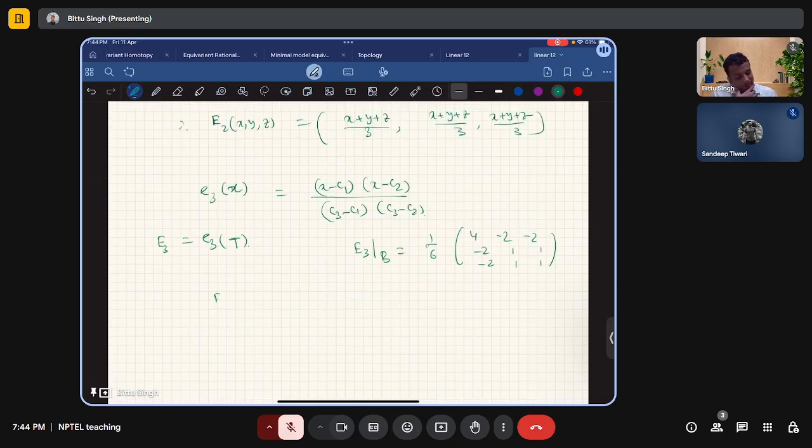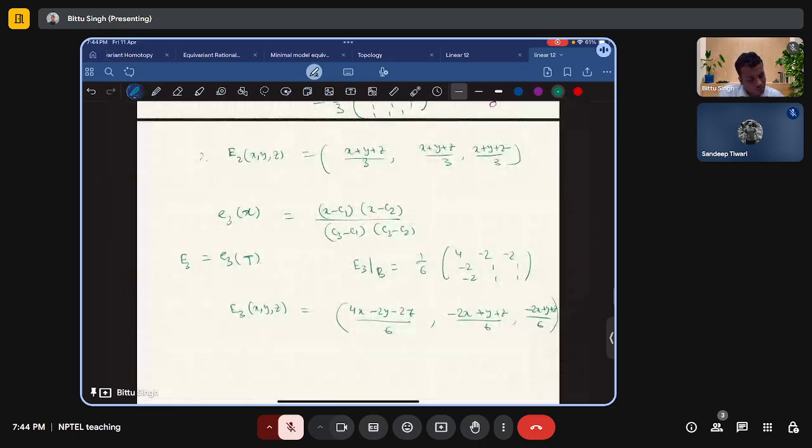Again, what will be E3 applied on XYZ? From first row it is 4x minus 2y minus 2z by 6. From second row minus 2x plus y plus z by 6. From third row minus 2x plus y plus z by 6. So that will be the matrix and that will be the operator. So we have successfully found the operators E1, E2, E3.